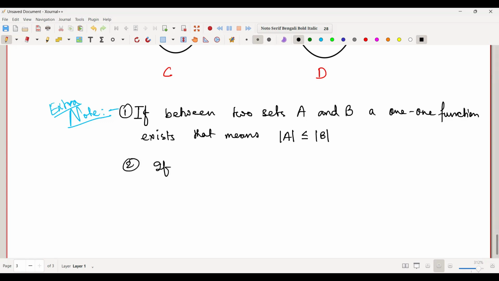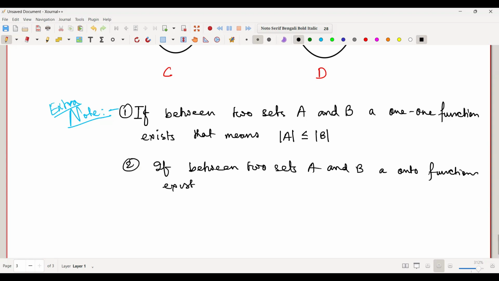And if between two sets A and B an onto function exists, that means cardinality of A is greater than or equal to cardinality of B.